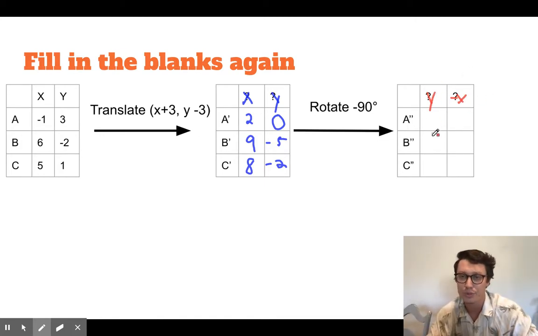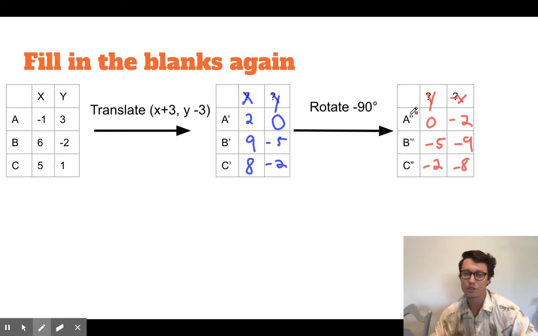So we just rewrite our y numbers here. 0 stays 0, -5 stays -5, -2 stays -2. And now we're changing the sign of our x numbers. +2 becomes -2, +9 becomes -9, and +8 becomes -8. Okay, that is how we would do it, and that creates triangle A double prime, B double prime, C double prime.